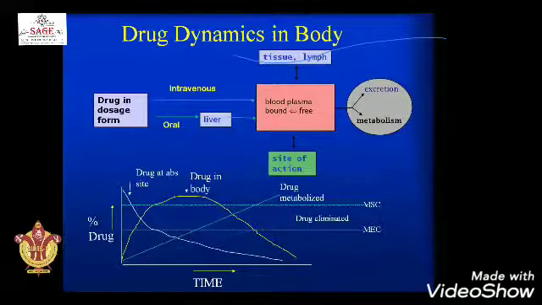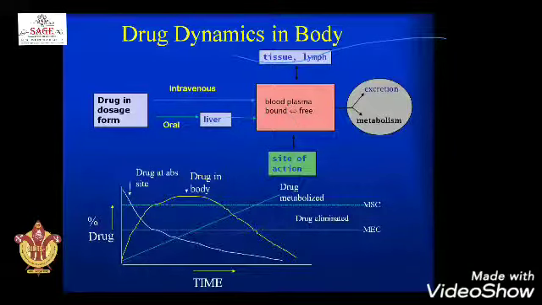After the drug reaches the blood, part of the drug may bind to the blood protein, and part of the drug may be free in the blood. The free drug will be distributed in different parts of the body, right?